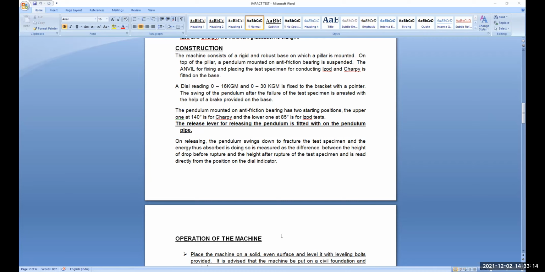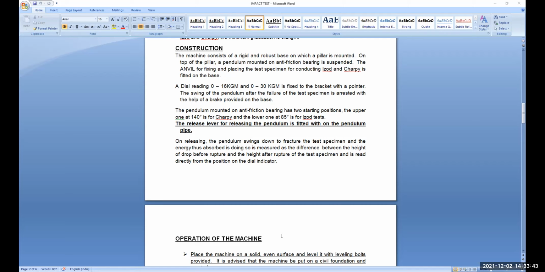Let me explain this like so. When the pendulum is released, it will swing automatically from, say, 85 degrees plus to 85 degrees minus, or 130 degrees plus to 130 degrees minus, or 140 degrees plus to 140 degrees minus.